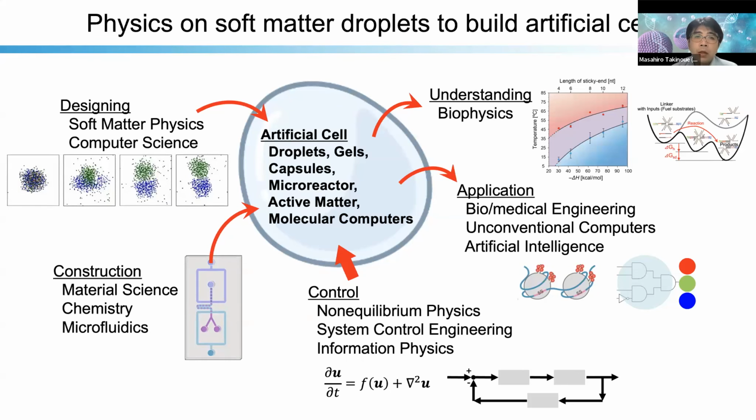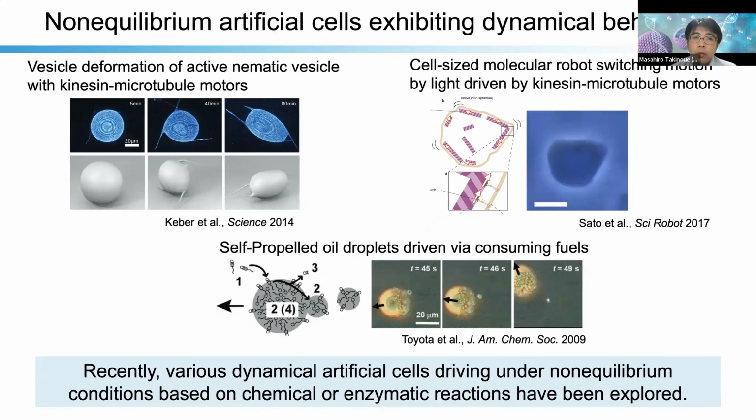Okay. Recently, not only our group, but also many research groups have been exploring various dynamical artificial cells that are driven by chemical or enzymatic reactions under non-equilibrium conditions, based on similar concepts.